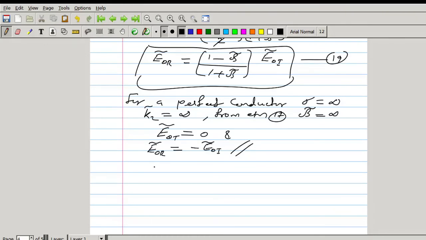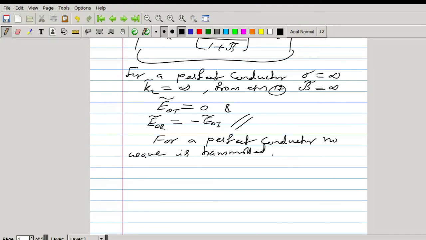That means for a perfect conductor, no wave is transmitted through the medium. No electromagnetic wave can transmit through the medium.